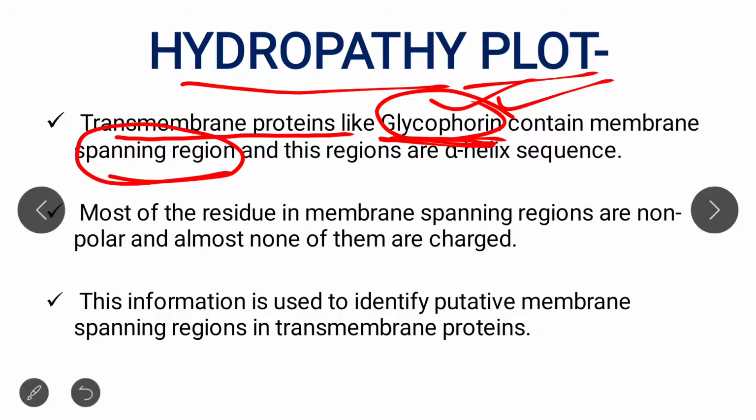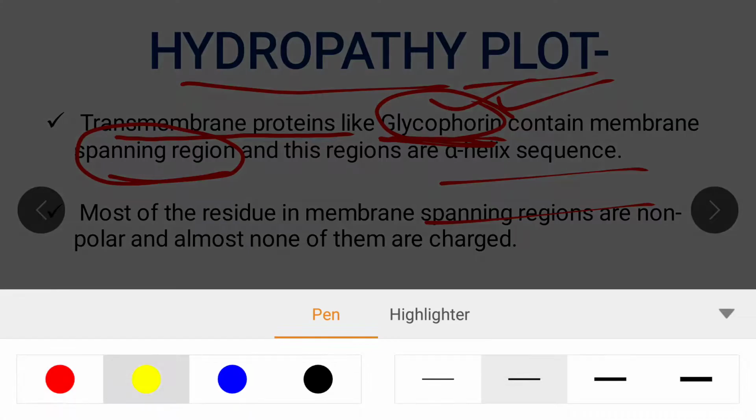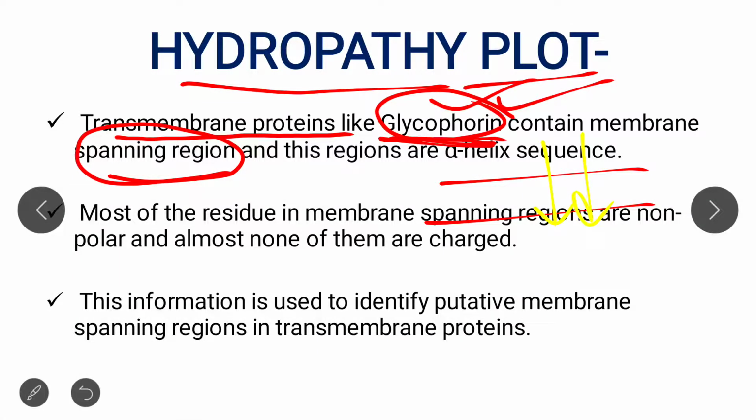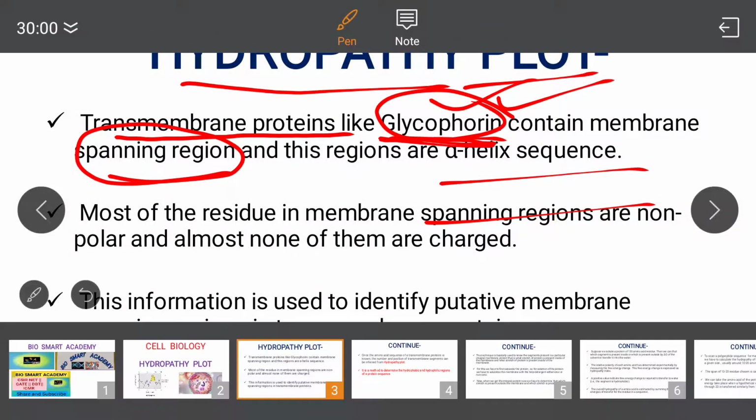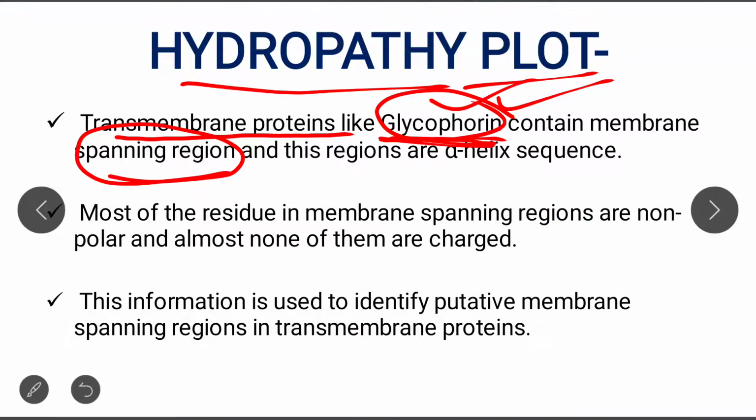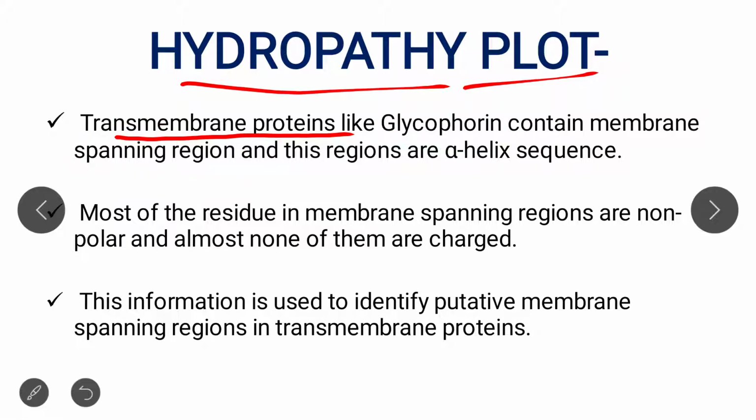This information comes through the spanning region: how glycophorin spans through the lipid bilayer with the help of an alpha helix. So this is about the hydropathy plot.